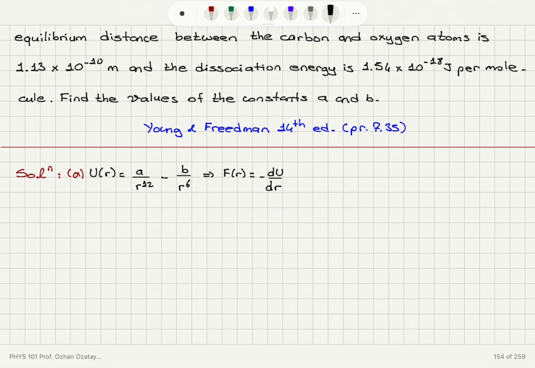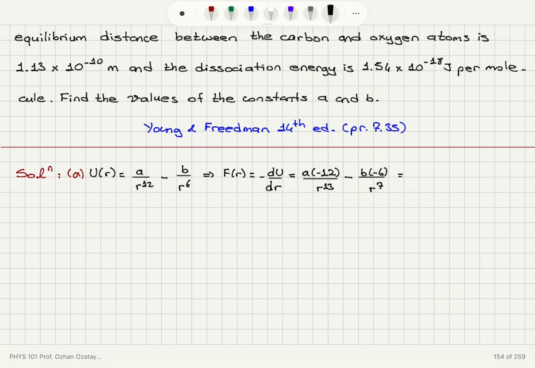If I take the derivative, R to the minus 12 gives me A times minus 12 R to the minus 13, so A times minus 12 divided by R to the 13, minus, then R to the minus 6 gives me minus 6 R to the minus 7, so minus B times minus 6 divided by R to the 7.